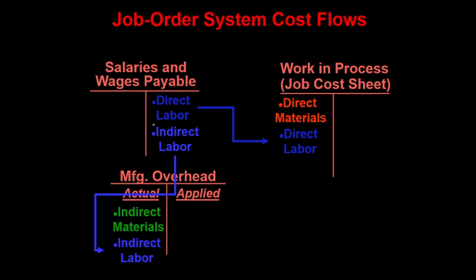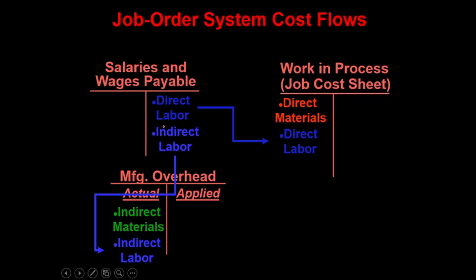But when you incur this, ano yung ide-debit mo dito? Debit to salaries and wages, and then credit to salaries and wages payable. Pwede yun. And then from salaries and wages, that expense, you can allocate to work in process and manufacturing overhead.